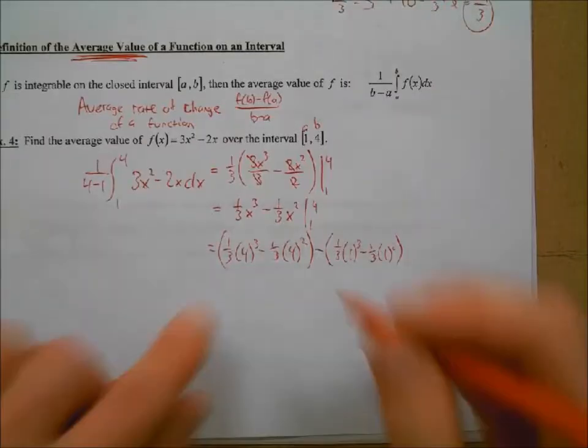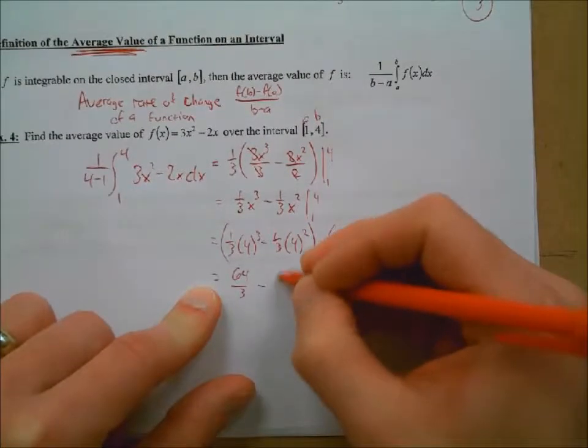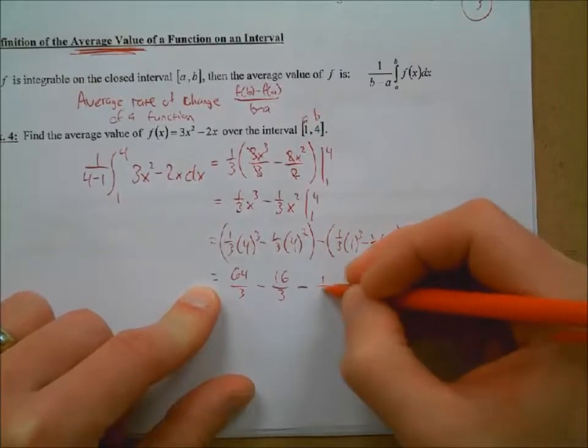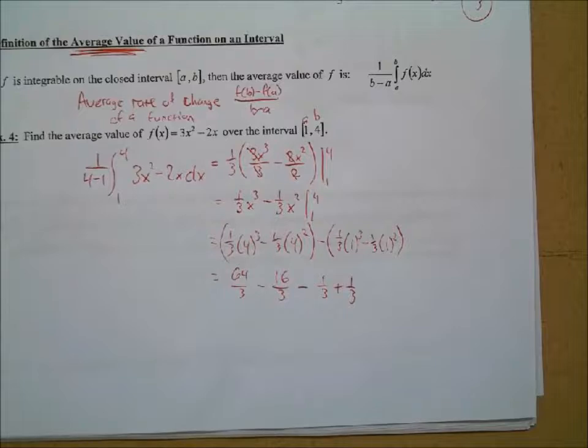Okay, so let's see here. We get 64 thirds minus 16 thirds minus 1/3 plus 1/3. Okay, so the lower limit ends up canceling out. All right. So that's fine.